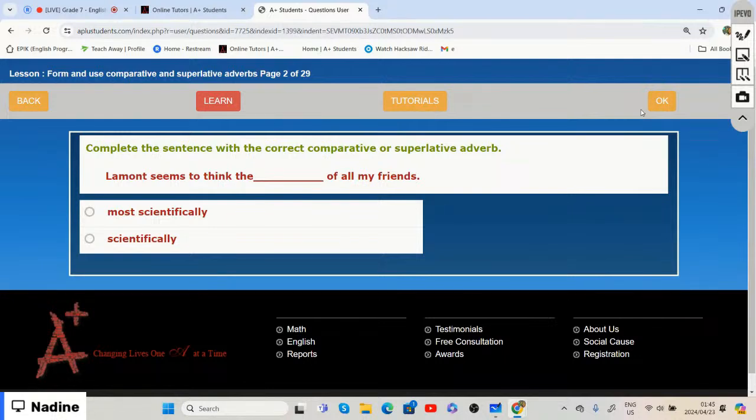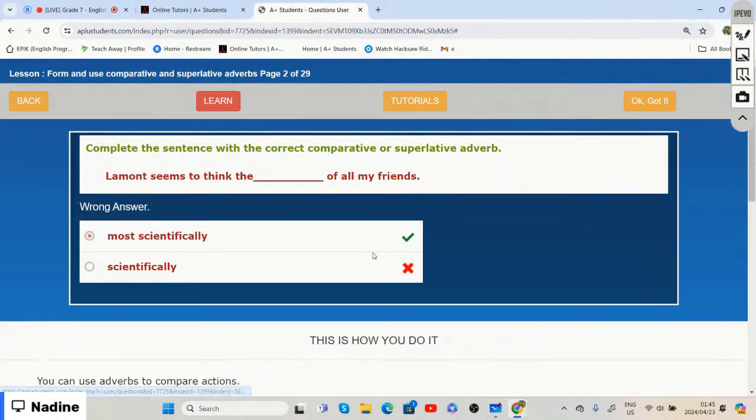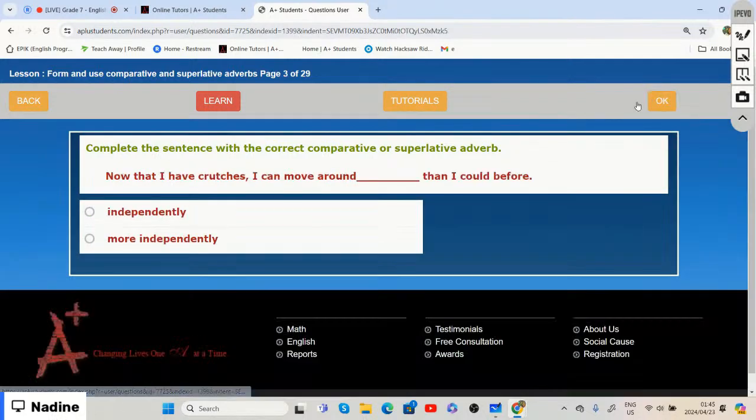All right, so we can say Lamont seems to think. Oh, more scientifically, because we're comparing Lamont to all of the friends, right? So it's actually more scientifically because you're comparing Lamont to all of the friends that is thinking scientifically.